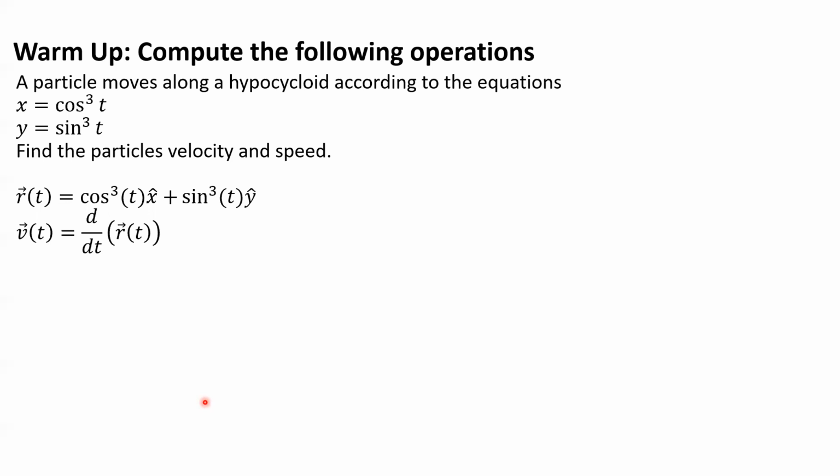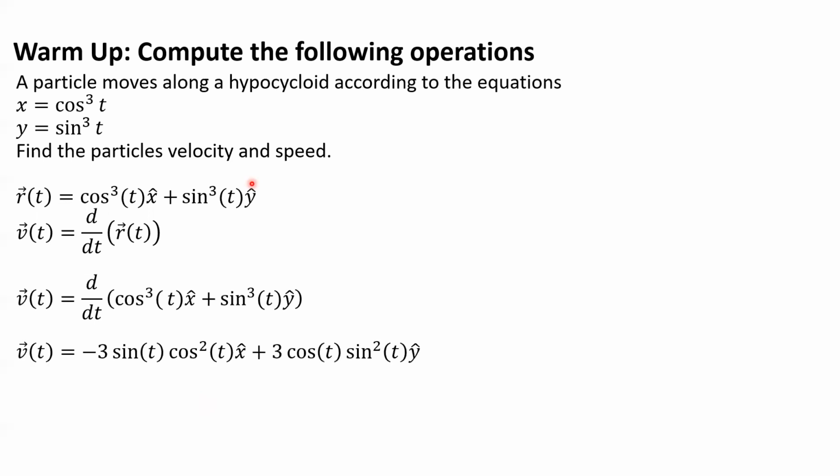We're focusing on numerical, but just as a reminder, the derivative is an operator and it acts on this vector. If you don't quite remember that, it's not super important, but I think it's a good primer for today's lecture. So -3 sine t cosine squared.